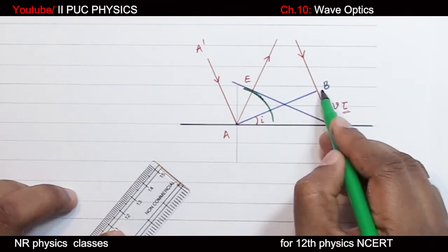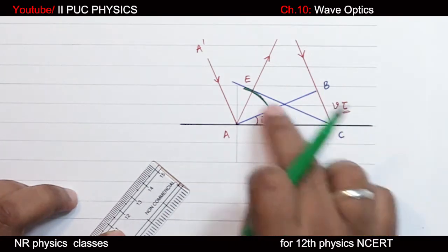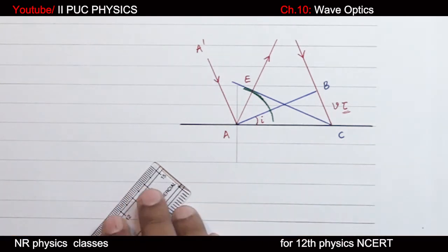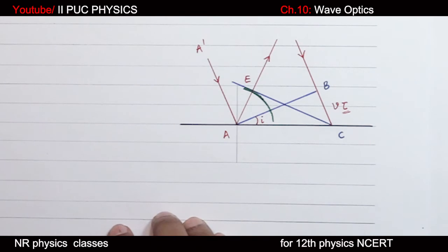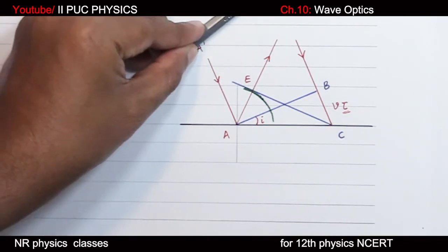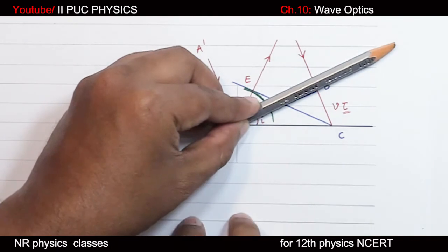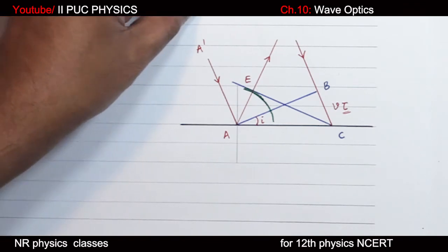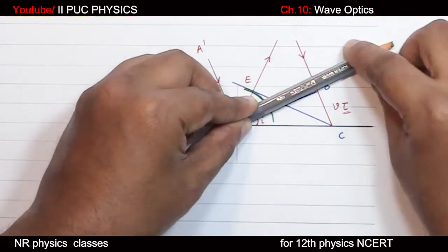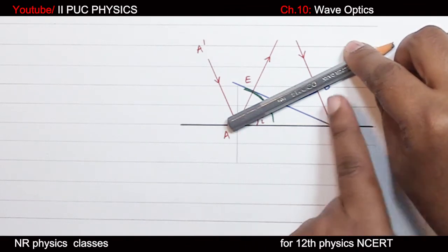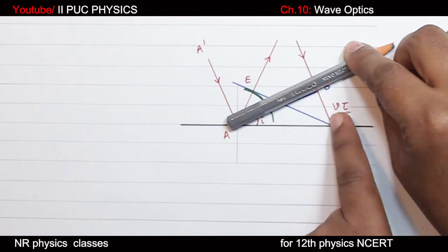So AB is the incident wavefront, whereas CE is the reflected wavefront. If this is the incident wavefront, observe, already part of the wavefront is hitting the reflecting surface, whereas this part of the wavefront is still traveling in air.